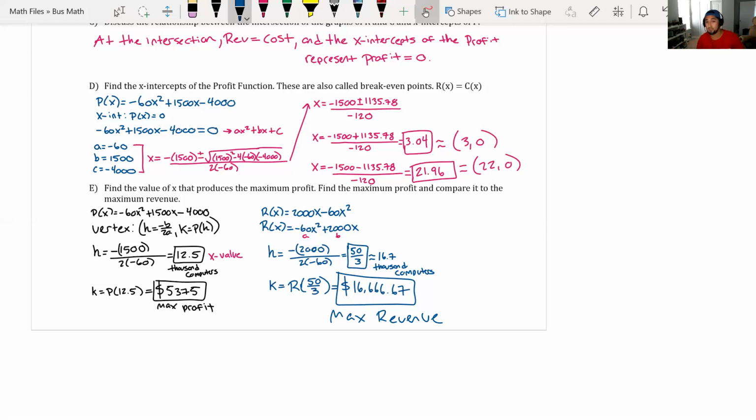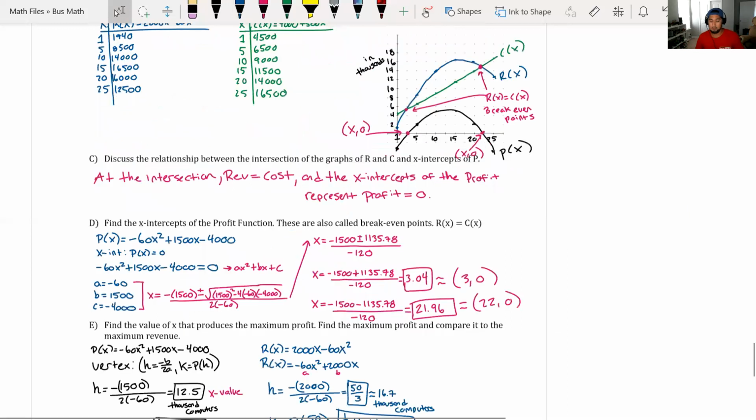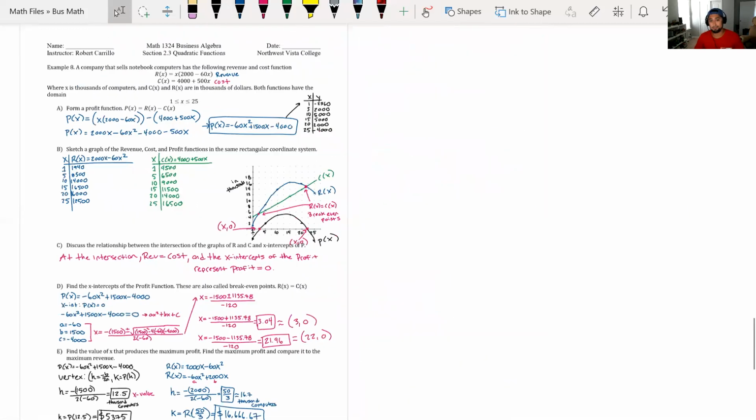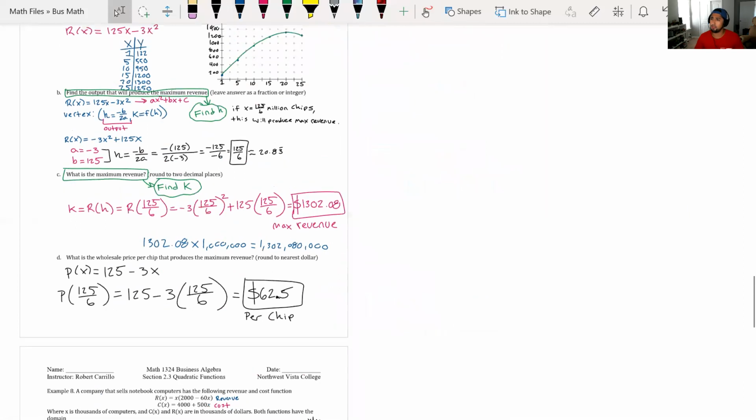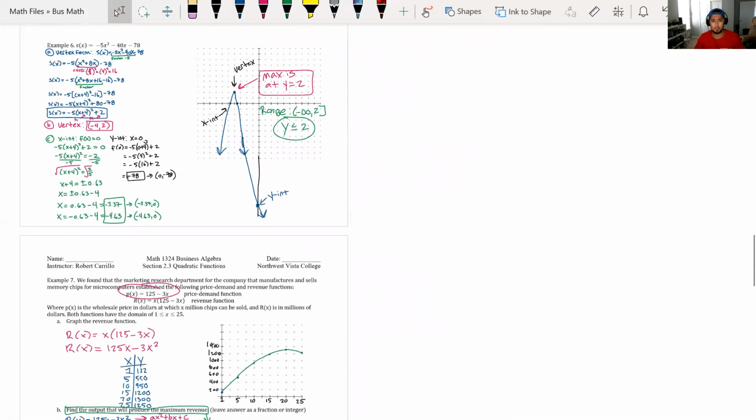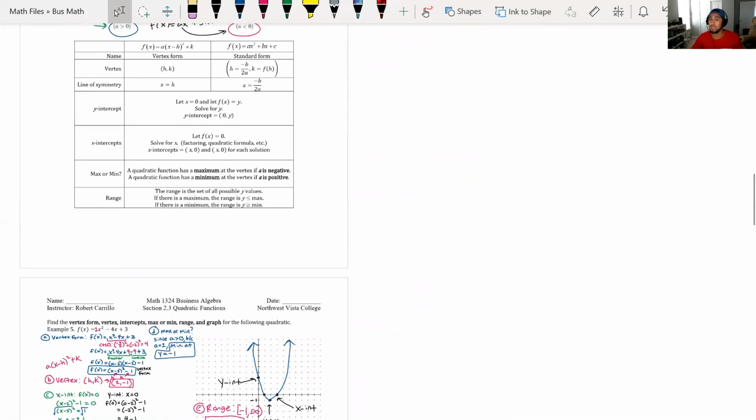But of course, this is at a different number of computers. Okay, and that is it. My goodness. Was it long? Yeah, but full of good information. Okay, that's it. That is 2.3.